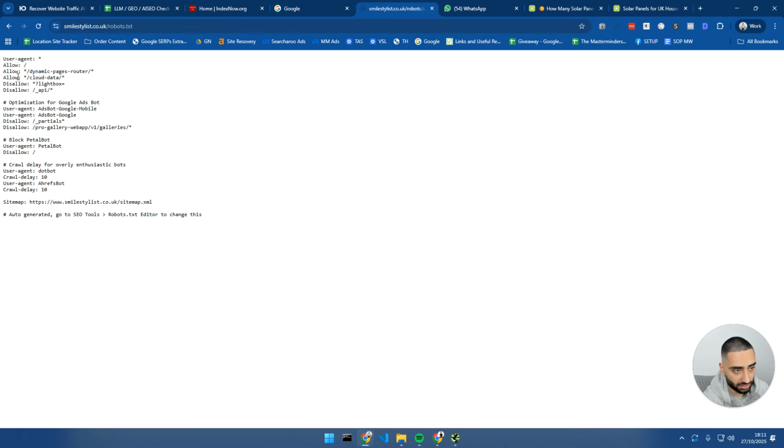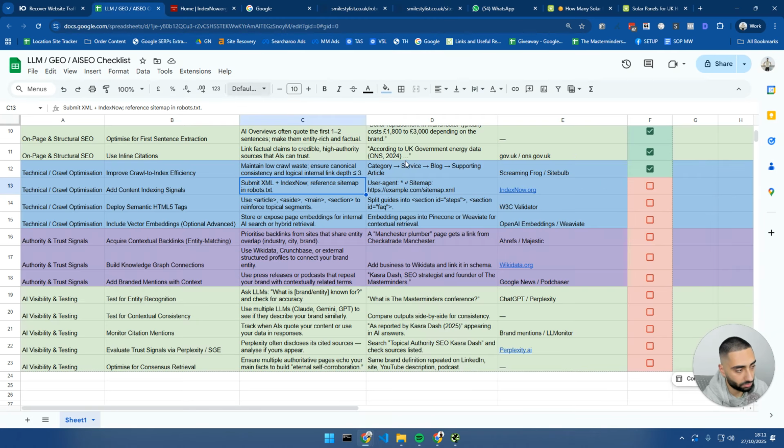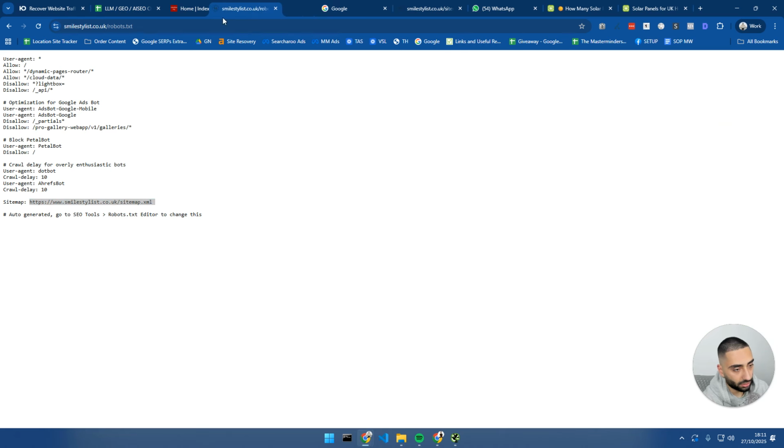This is basically what it looks like, right? So we've got certain pages that we allow, and certain bots that we can disallow from crawling as well. But then, as you can see right at the bottom, we have got the sitemap. So whenever an AI bot, for example ChatGPT, comes, the first thing it's going to look at is our sitemap.